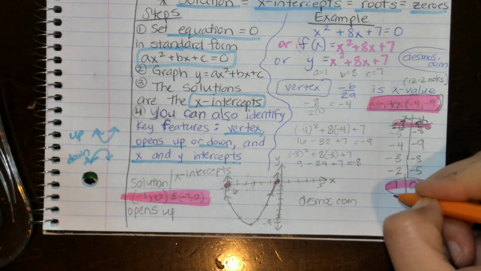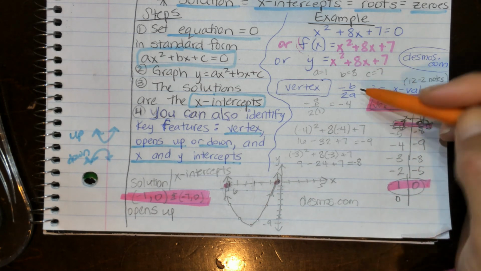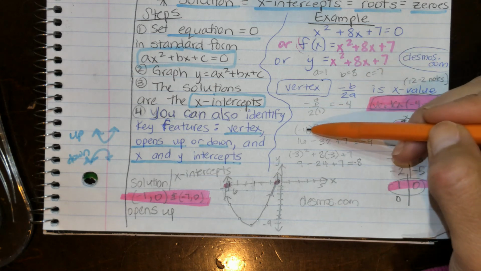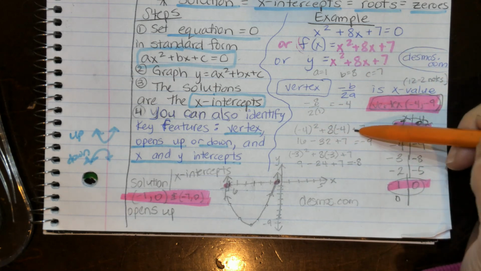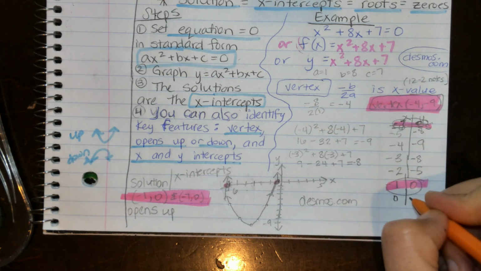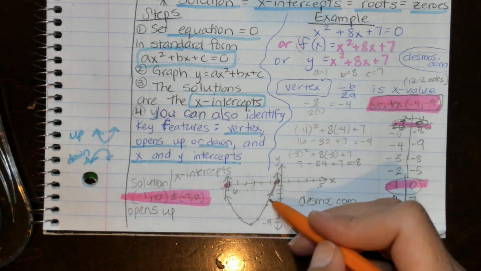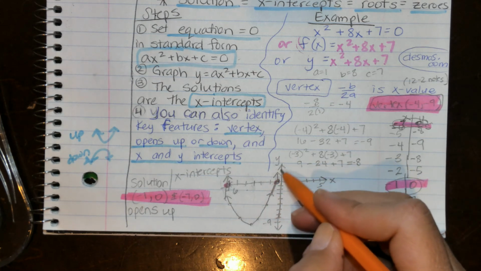So I have to plug in 0 for x. It's always easy when you plug in 0. Looking at our equation, it would be 0 squared plus 8 times 0 plus 7. That's 0 plus 0 plus 7. So 0, 7 is our y-intercept. If you use Desmos, just trace along the graph and see what that point is when the graph crosses the y-axis.